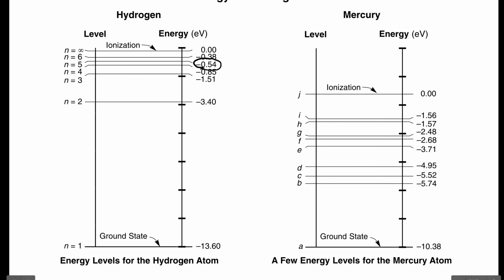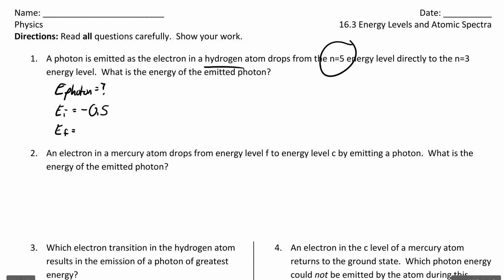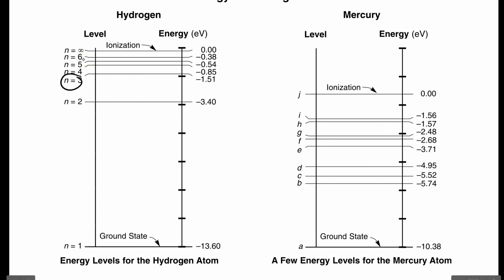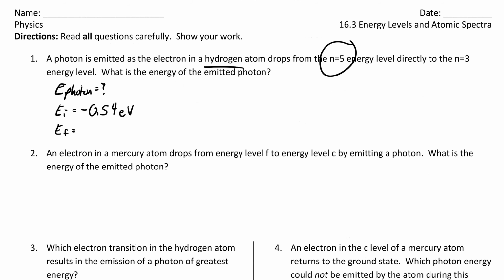So it's initially at this higher energy level and then it drops down to n equals 3, right? So we have negative 0.54 and n equals 3 is negative 1.51.